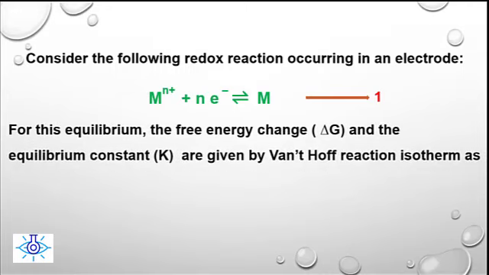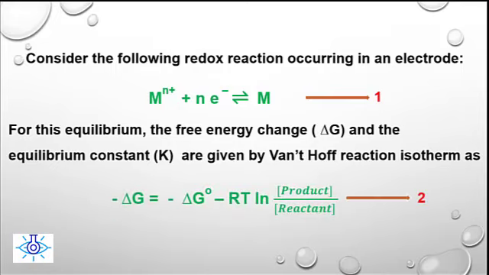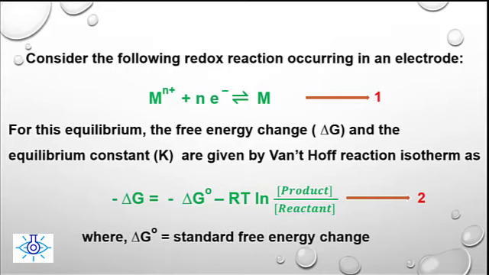For this equilibrium, the free energy change ΔG and the equilibrium constant K are given by Van 't Hoff's reaction isotherm as -ΔG = -ΔG0 - RT ln [products]/[reactants]. Here, ΔG0 is the standard free energy change. The decrease in free energy, -ΔG, will produce electrical energy.